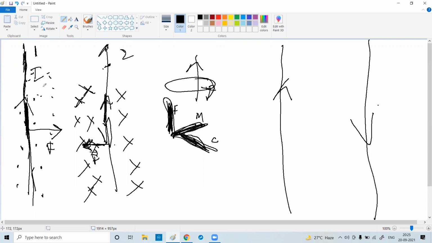The force applied on 1 is towards 2, and the force applied on 2 is towards 1. If you see, both the forces are in opposite directions. That means they are pulling each other. They are attracting each other. So it is attraction.